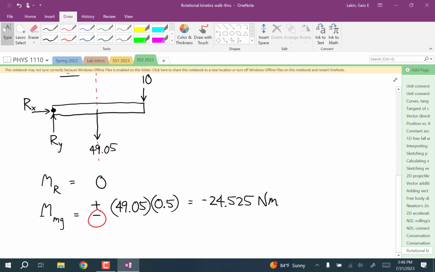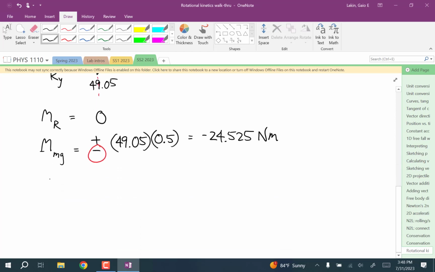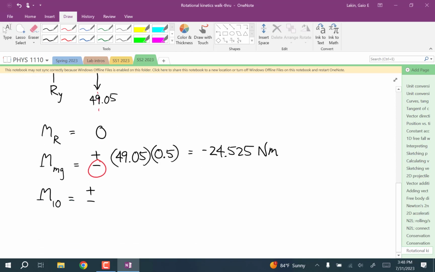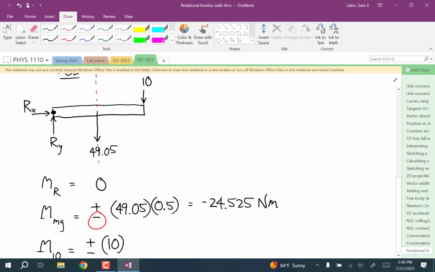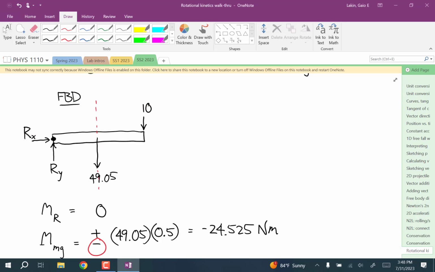There's only one more force we have to deal with. That's the 10 Newton force. So that's going to be plus or minus the magnitude of the force times the distance from the line of action of this force to the hinge. You can see this time it's the full length of 1 meter.